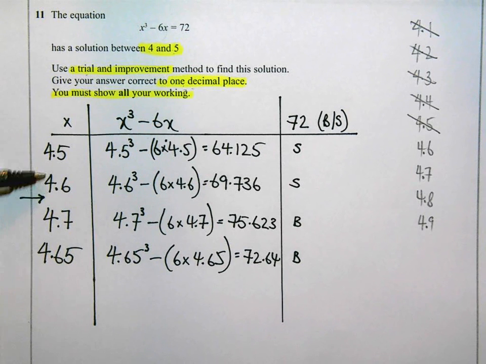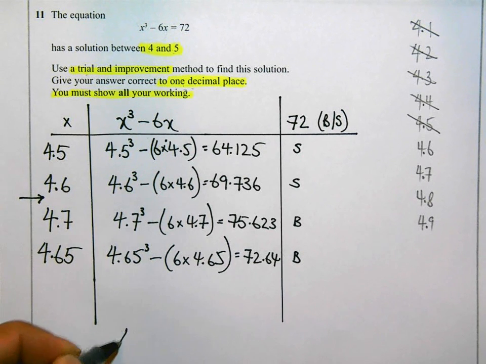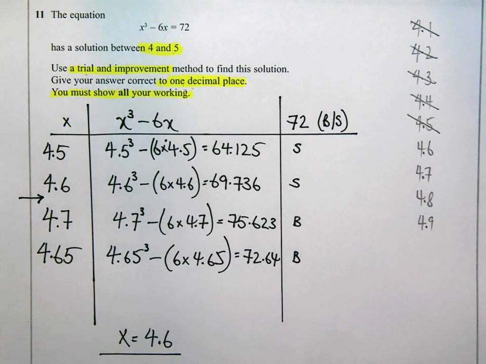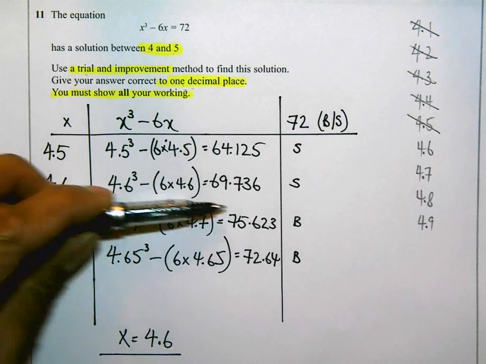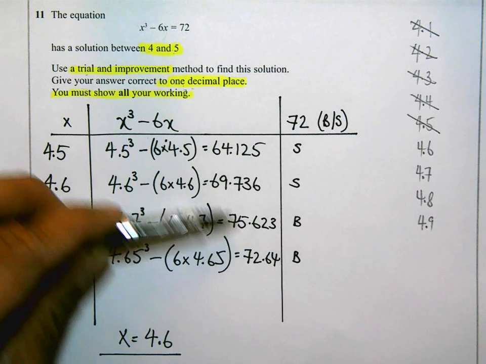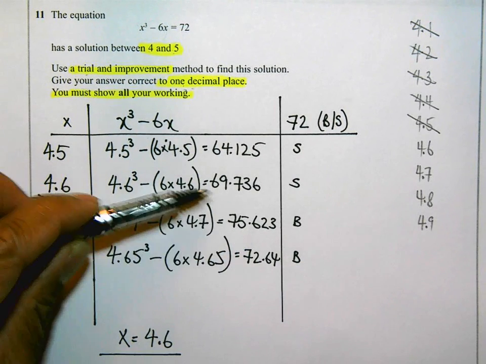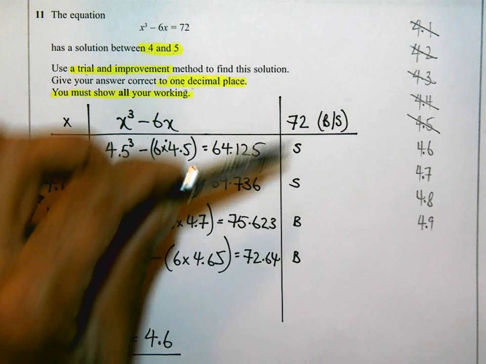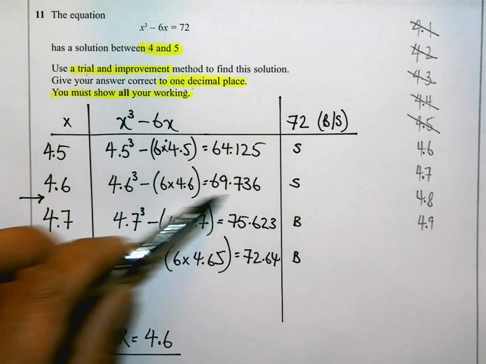So the smaller of them is 4.6. x is going to be 4.6. Now, some people actually determine this by looking at these two, 69.7 and 75.6, and asking which one is closer to 72. 4.6 is closer to 72.